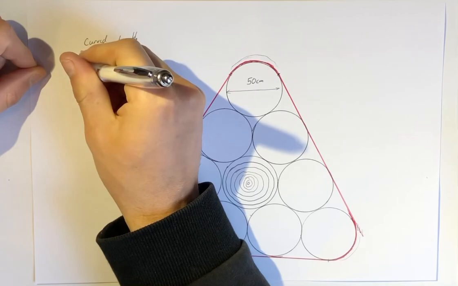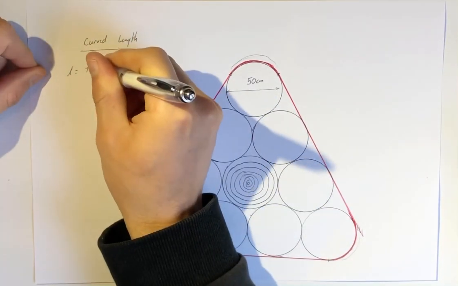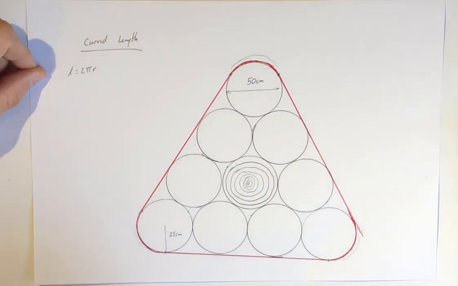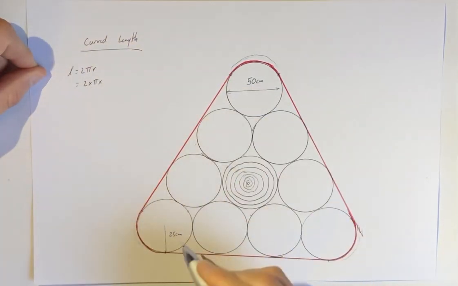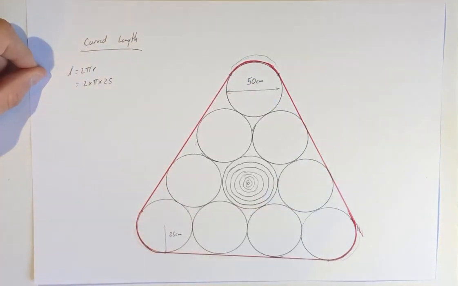So that length is going to be 2 pi r. So that length is 2 times pi times a radius of 25 centimeters.